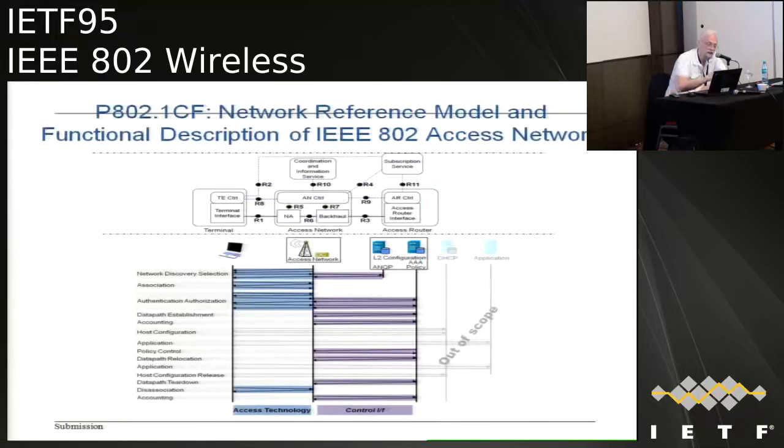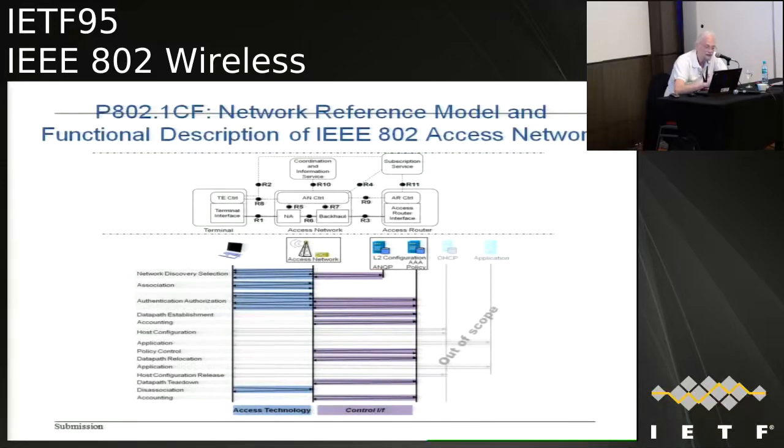So with that kind of architecture, this shows an example of the kind of use cases that they're trying to address, to make sure that this reference model allows you to do the network discovery and selection, association between terminal and access network, authentication and authorization, and then several other things.